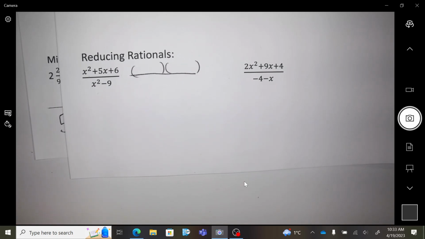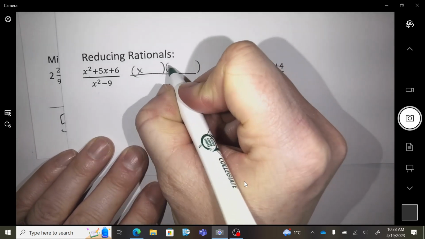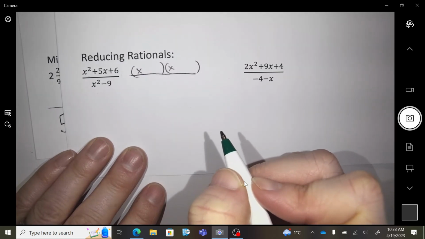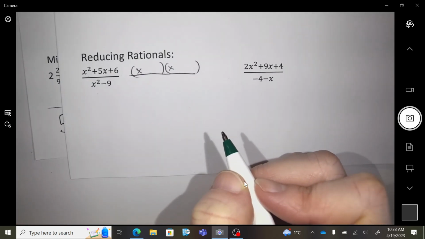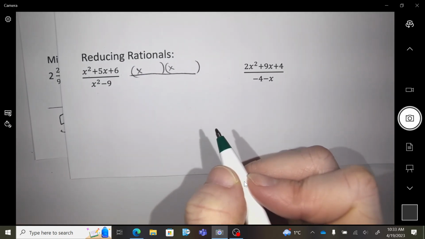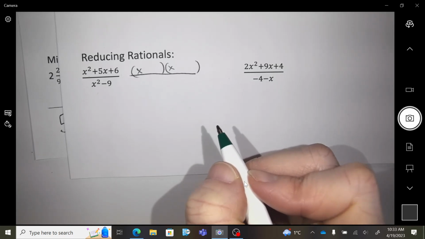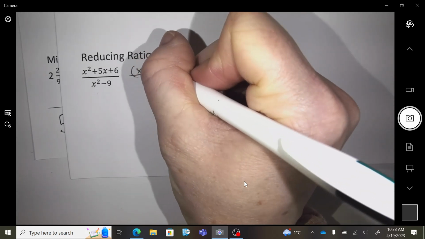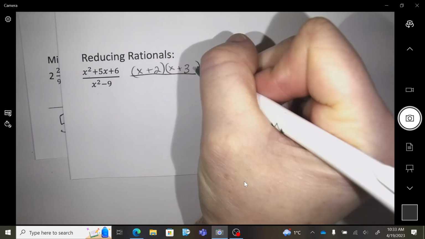Factor the top. So you should get what multiplying to 6 that adds to 5 as well? A +2 and a +3.